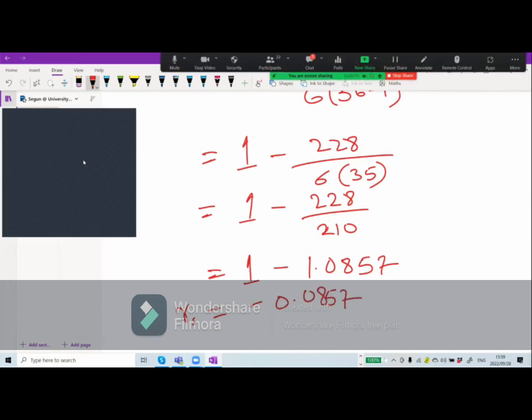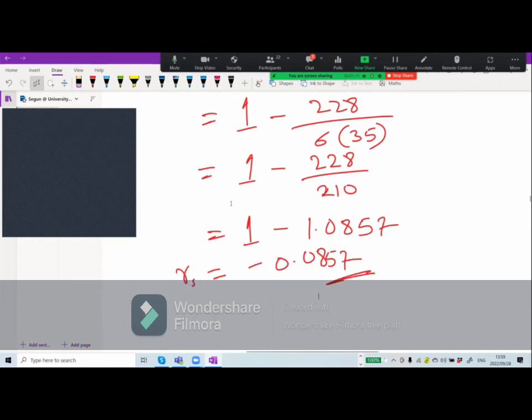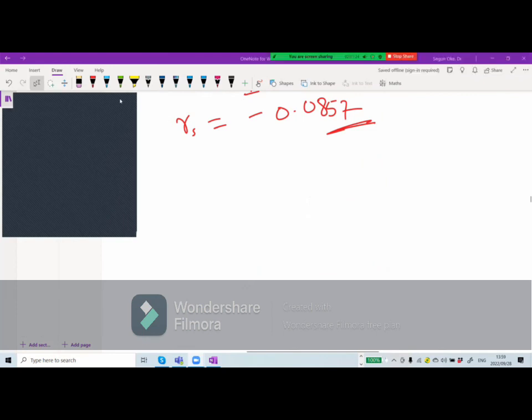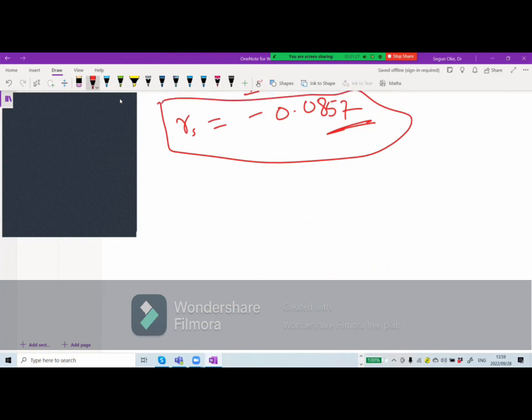Now the question is, how do you rank this? Now we have this answer. So can you interpret this? Yes, it's a negative. Is it a strong negative or weak negative? No, it's not strong, please.